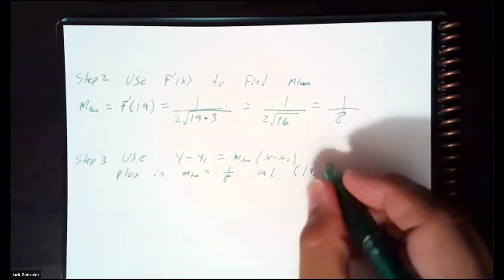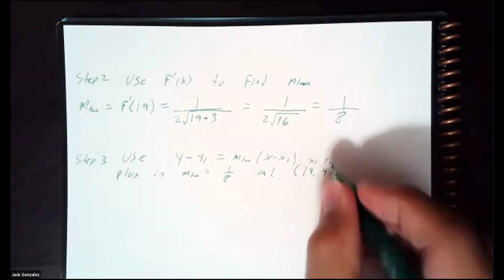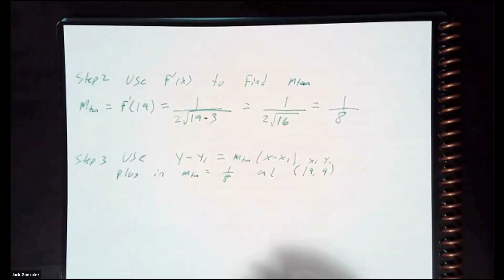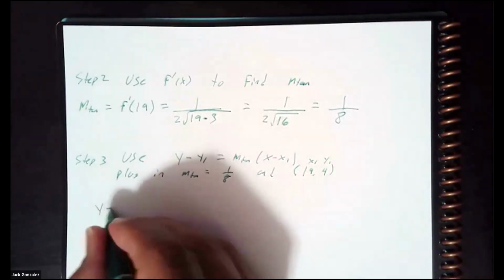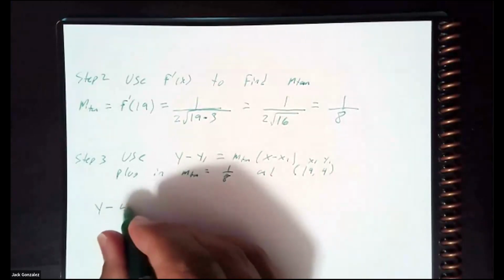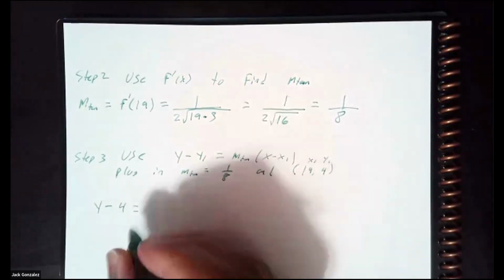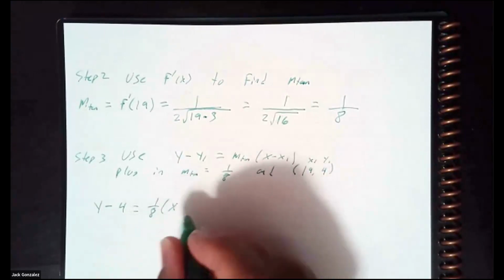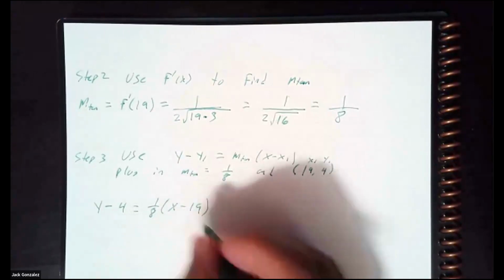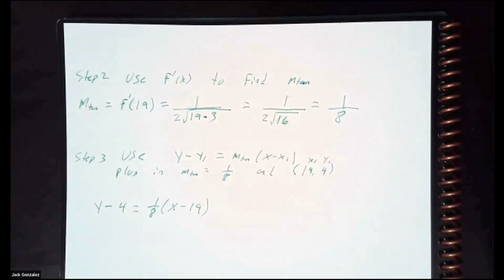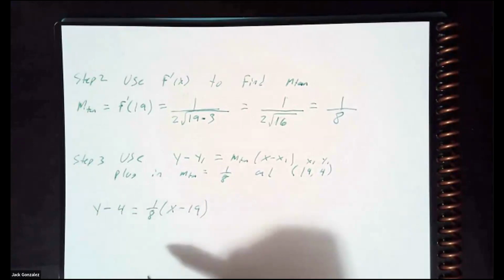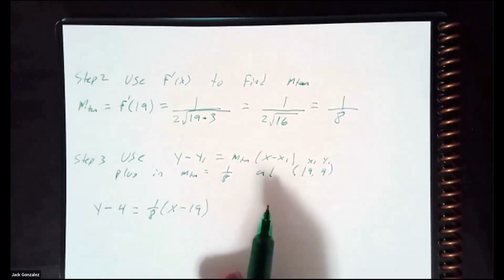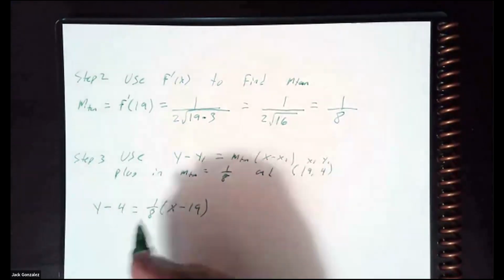So this is my x1, y1. So you get y minus 4 equal to 1/8 times x minus 19. So we're pretty much done. This is the equation of the line, but they want us to solve for y.